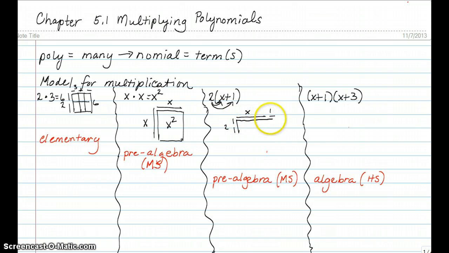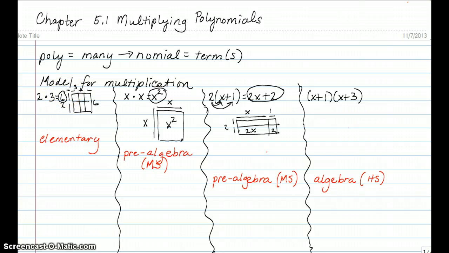This is the area model of multiplication. You use the break here to draw a line straight across. Use the break here to go straight down. So there are 2 x's. There's 2 right here. And when you multiply this, you can see 2 times x is 2x. 2 times 1 is 2. Again, this is just the evolution of multiplication throughout the grade levels.